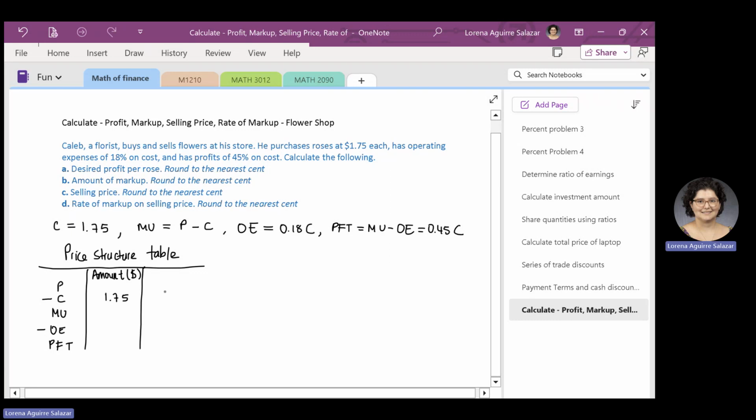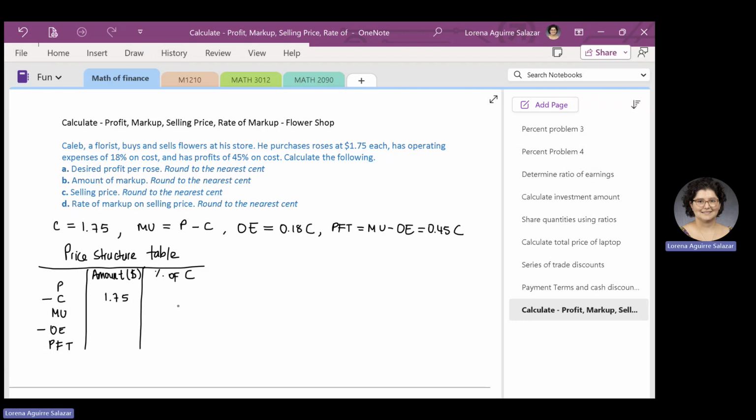Now the second column represents the amount as a percent of the cost. Here we have the amount as a percent of the cost because everything we were told about is cost-based. We have that operating expenses are 18% of the cost.